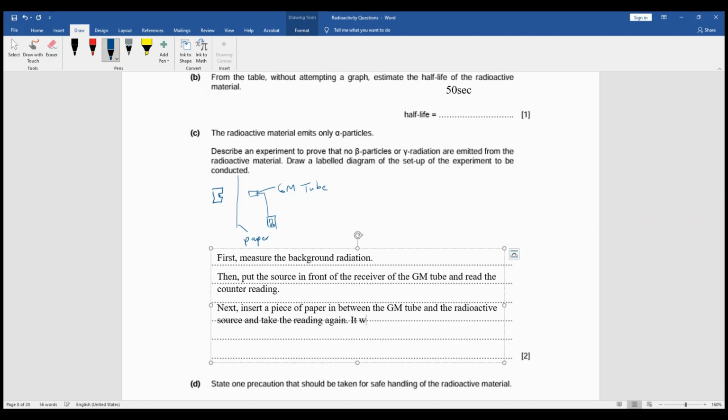It would show that the reading drops drastically to the background radiation level.